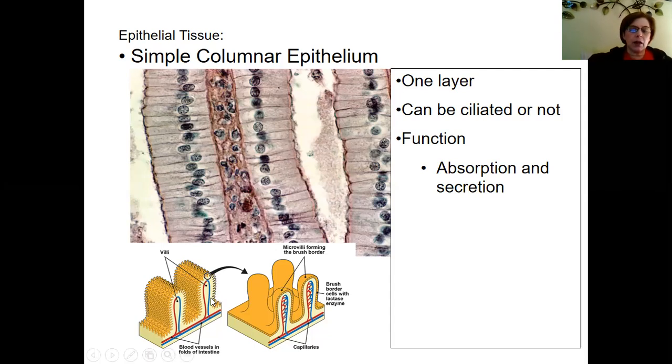The lining of the small intestine has folds, and each of those folds has folds, and the folds of the folds have folds. So it is really, really folded. When we do the digestive system, we're going to talk about the reason for that: surface area. Absorption is directly dependent on surface area, and the more surface area we have, the better absorption we have.